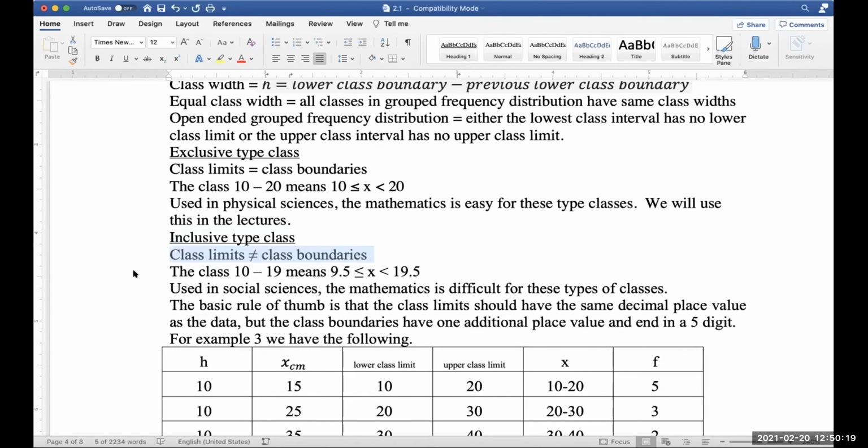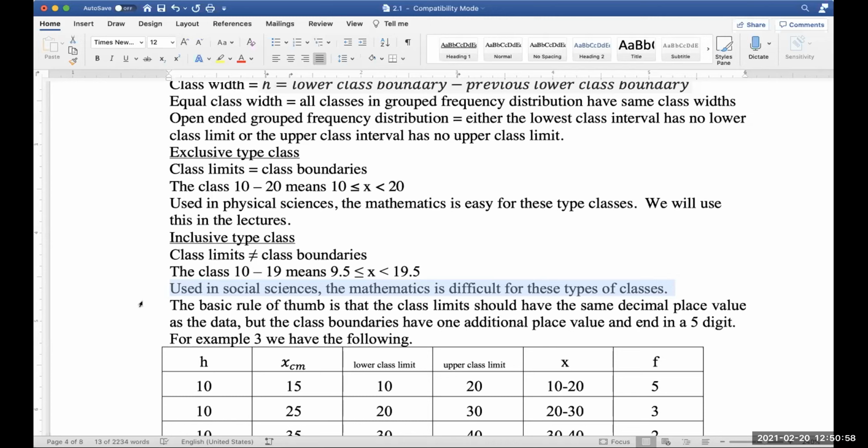For example, the class 10 to 19 means you go from the lower class boundary to the upper class boundary. It means that X is between 9.5 and 19.5. It includes 9.5, but it does not include 19.5. So these are usually used in the social sciences. The mathematics is more difficult.